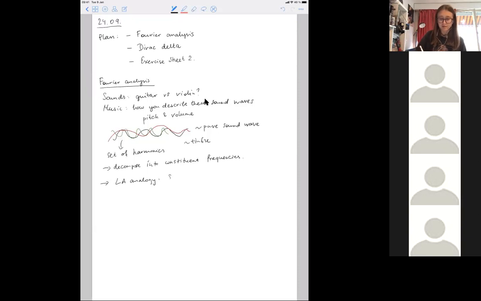So again, space of sounds, then we have a basis, which are these harmonics of particular frequencies, and then we just have a decomposition.